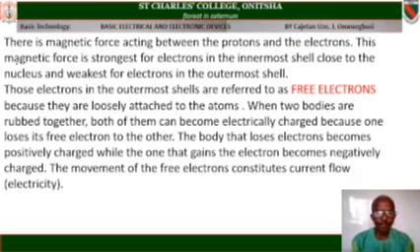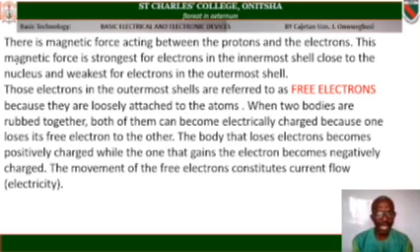There is a magnetic force acting between the protons and the electrons. This force is strongest for electrons in the innermost shells close to the nucleus and weakest for electrons in the outermost shell. Those electrons in the outermost shells are referred to as free electrons because they are loosely attached to the atoms.